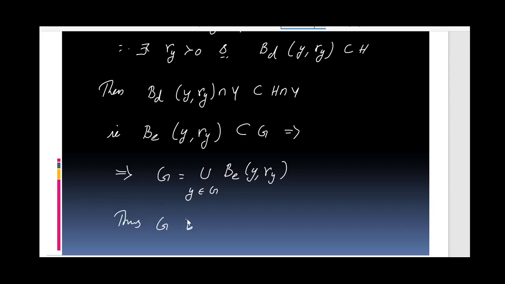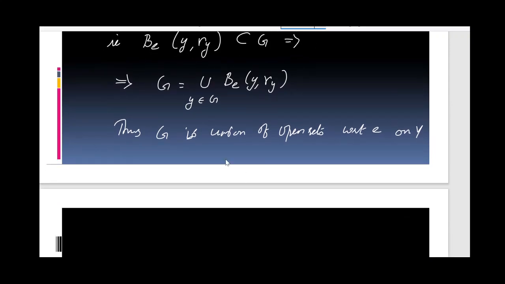Thus G is a union of open sets with respect to E on Y.